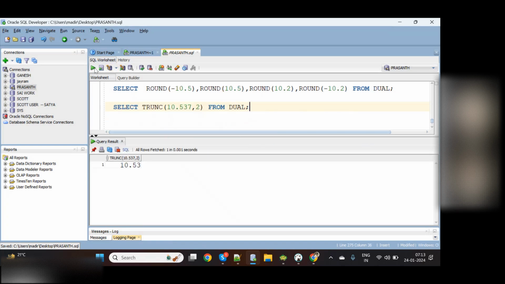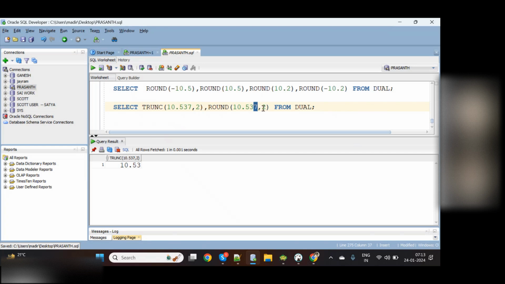10.53. Yes, that's all. But same thing, if I go with round, what will be the value? Round will increase the value of the second decimal part if the third is greater than or equal to 5.